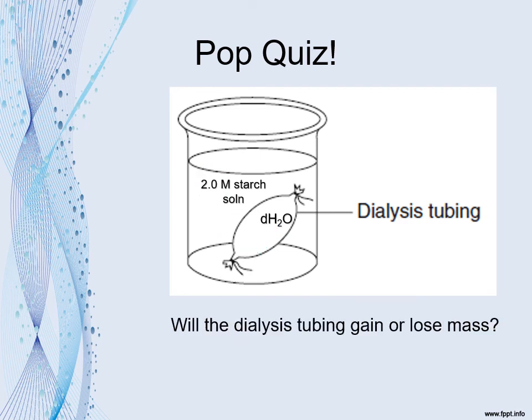All right, one more little question. Is the dialysis tubing going to gain or lose mass? Can the starch get in? It cannot. So water is going to exit in order to dilute the starch that is stuck outside the dialysis tube. The dialysis tubing is going to lose mass because water left.